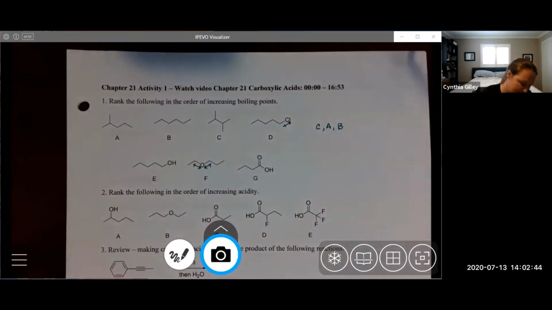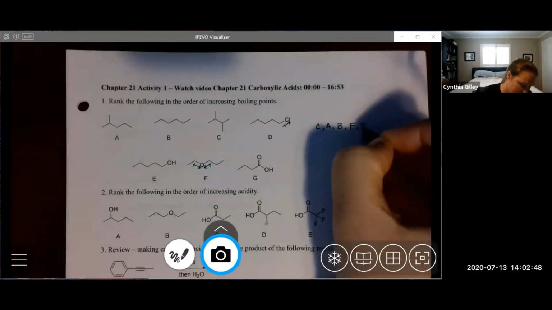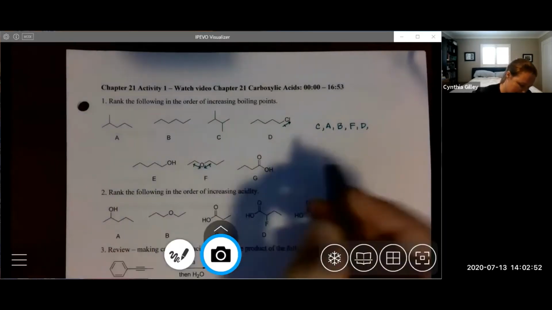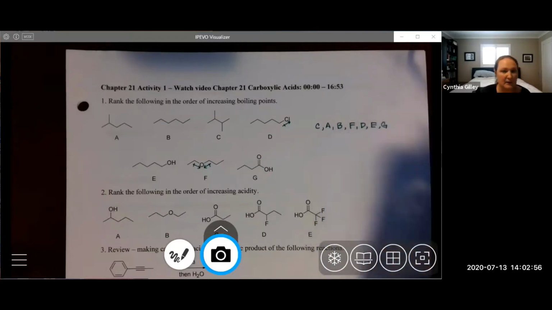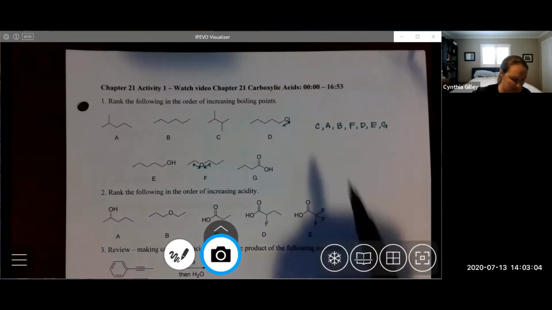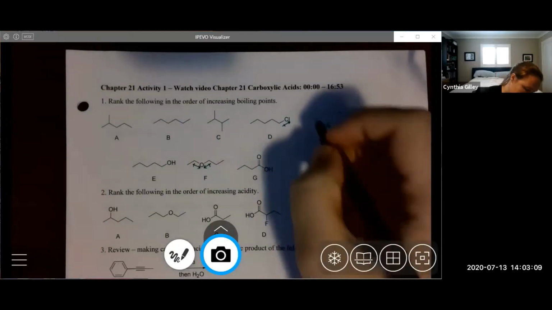So it's likely that the ether will be lower than the alkyl halide, followed by the alcohol, which can participate in hydrogen bonding, then the carboxylic acid, which forms hydrogen bonding dimers. Okay, so this was ranked from, again, lowest boiling point to highest boiling point.